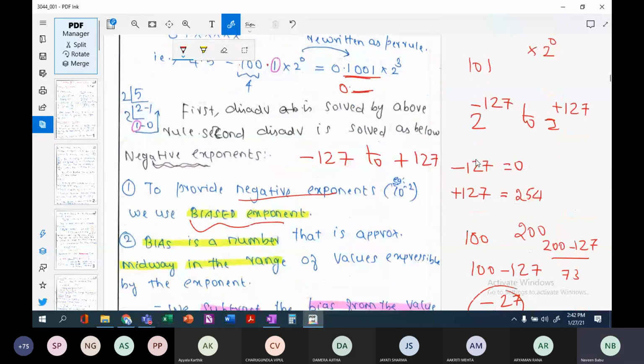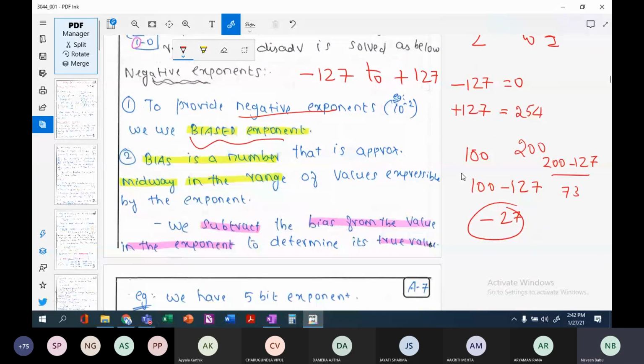All right. Now let us move on to what I was telling about the biased component. What is a bias? Bias is a number that is approximately midway in the range of values expressible by the exponent. Now, how did I get this 127? 127 is in fact from 2 power 0 to 127. 0 to 127 corresponds to a total of 128 values, right?